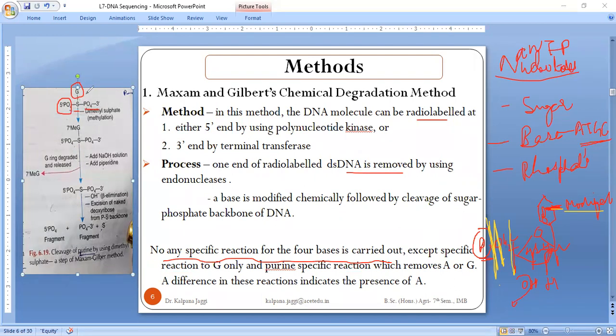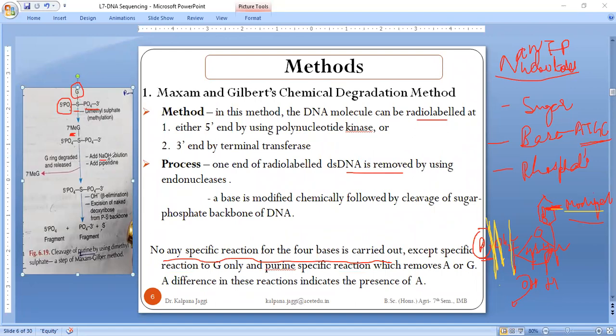Then we have modified this base, because we said the base is to be modified. So this base is modified by treatment with dimethyl sulfate, which leads to the methylation of guanine. Methylation means there is the attachment of a methyl group. The methyl group is represented by the abbreviation ME, right?